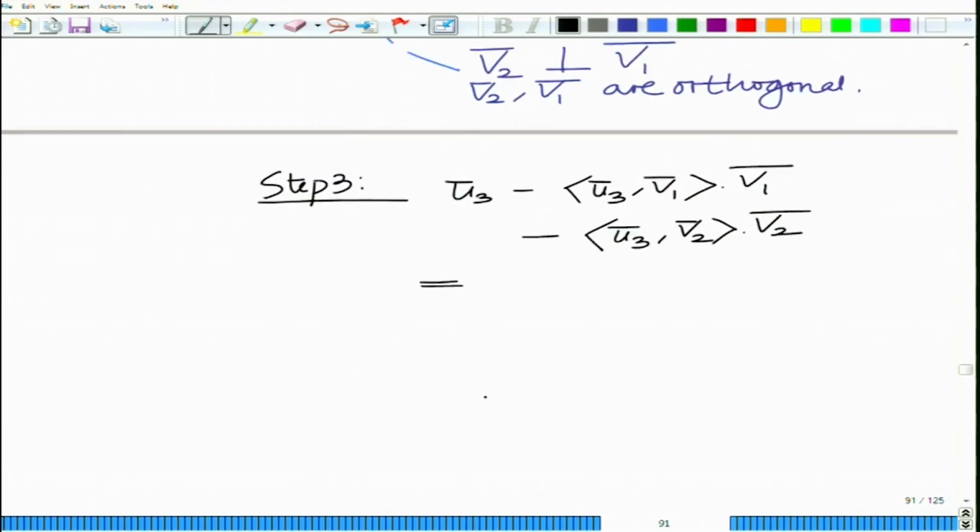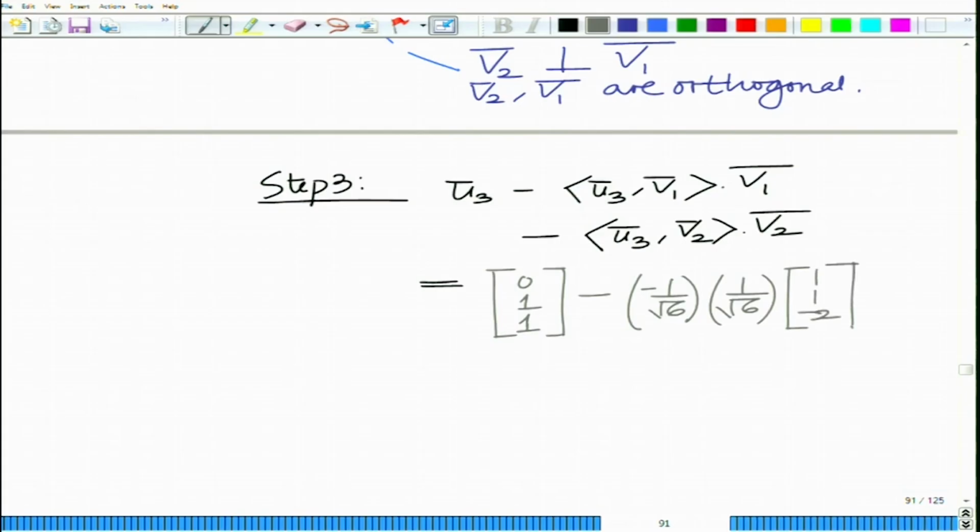U3 bar is, as we have seen, the vector 0 1 1, minus the projection, the inner product is minus 1 over square root of 6, times 1 over square root of 6 times the vector 1 1 minus 2, that is your V1 bar, minus 1 over square root of 2, that is the projection, times 1 over square root of 2 times the vector minus 1 1 0.